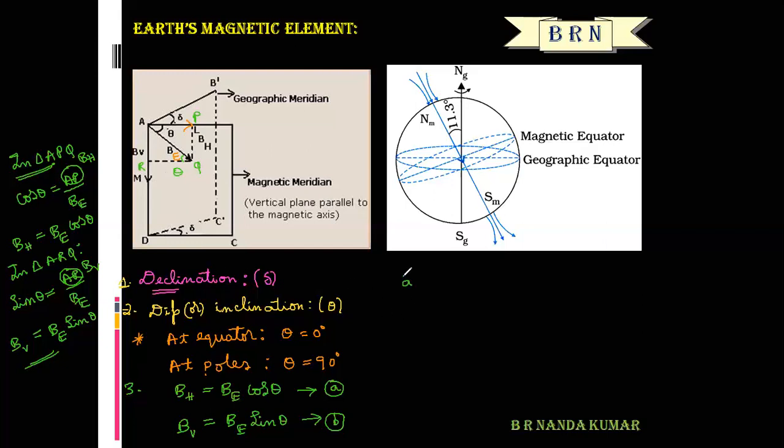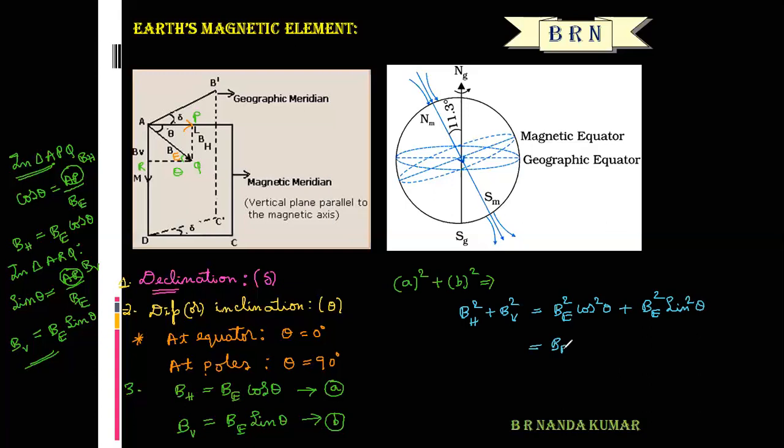So now equation A squared plus equation B squared, that is BH squared plus BV squared is equal to BE squared cos squared theta plus BE squared sine squared theta.